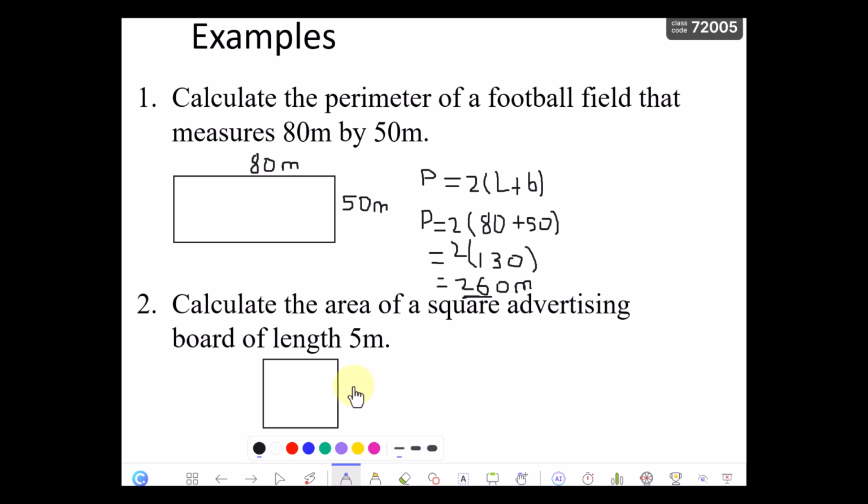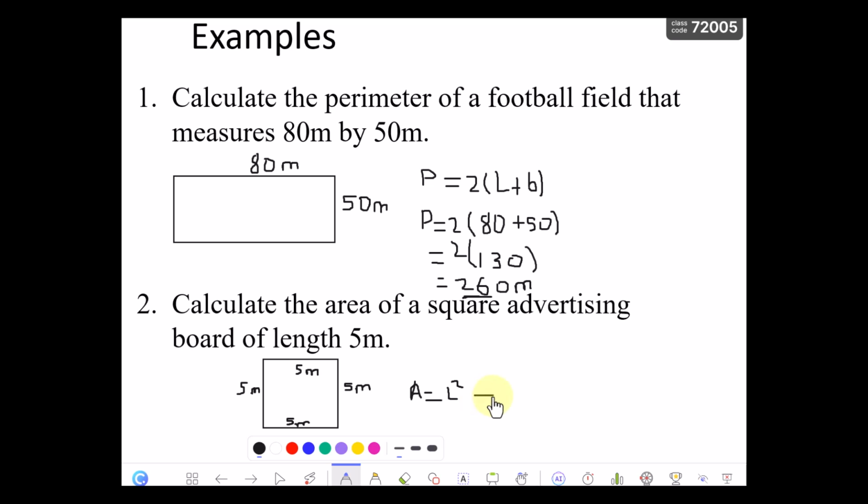If the square has one side 5, that means all four sides are going to be 5 meters. In a square, all the sides are equal. So your area will now be what? Area is L square.